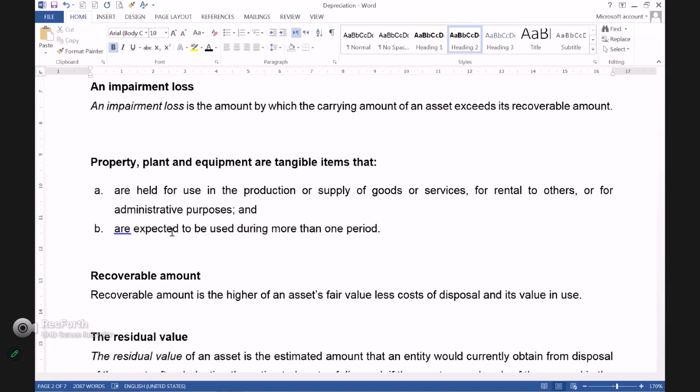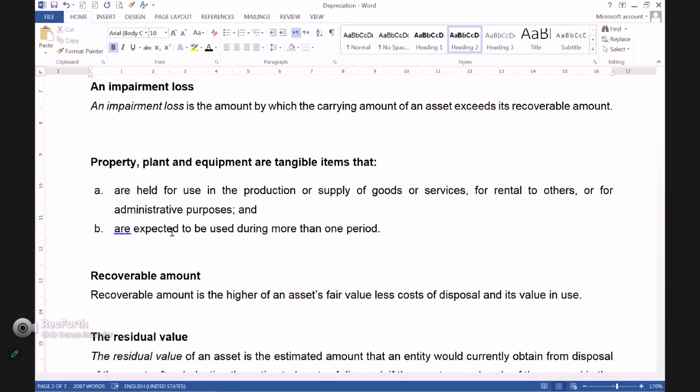Okay. At the same time, they are expected to be used during more than one period. Sometimes some property, plant and equipment is used for providing service for rental to others. So that is called property, plant and equipment.